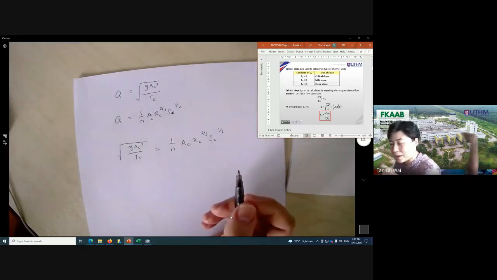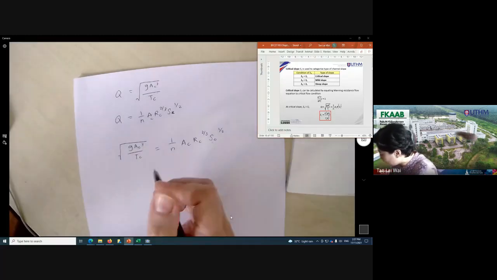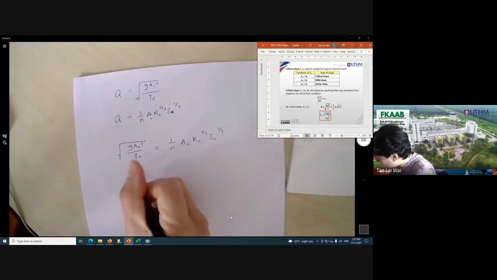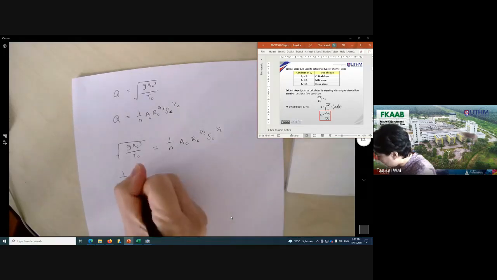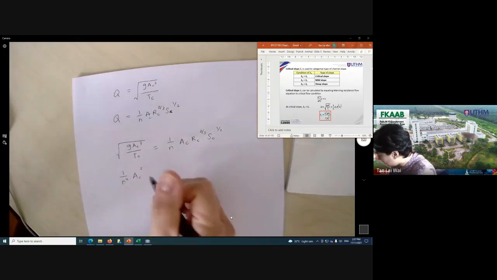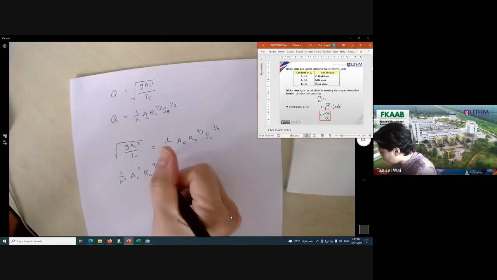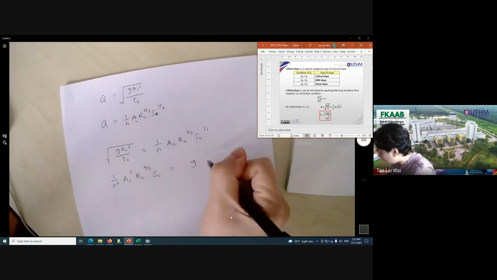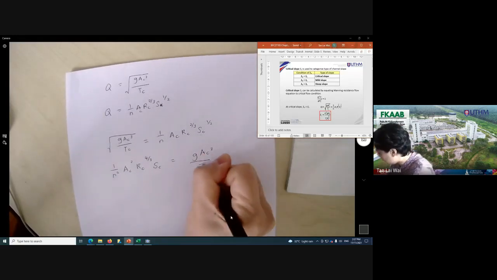I'm going to square both sides. So this will give me 1 over N squared, AC squared RC 4 over 3, times SC, equals G A over TC.